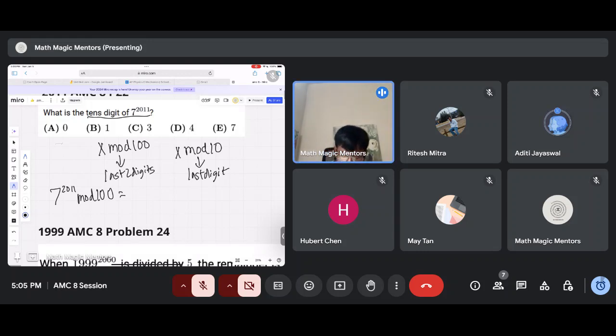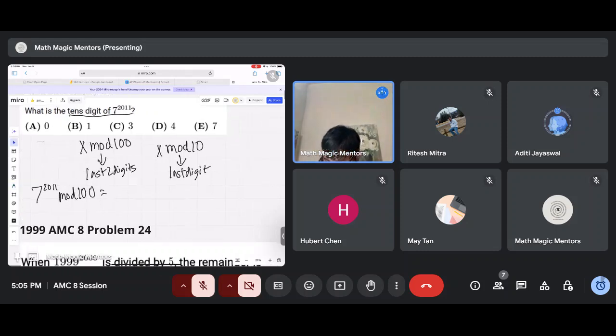Usually a good way of thinking about this is, since this problem involves mods, we can think about patterns that evolve when you look at a number mod something, and then we can build on that pattern and find what we're asked.